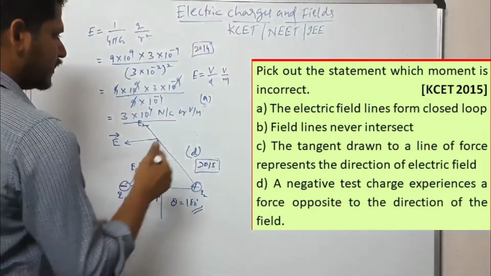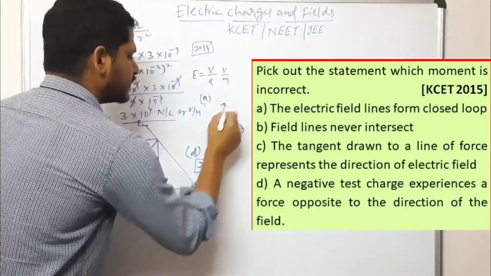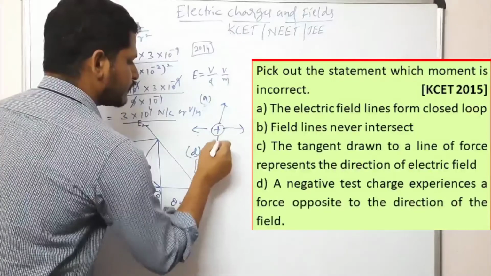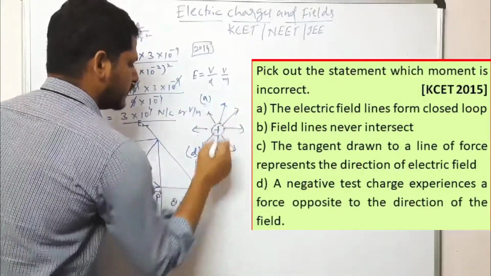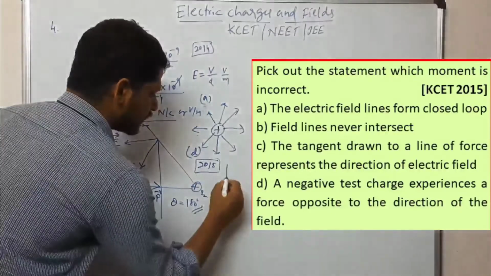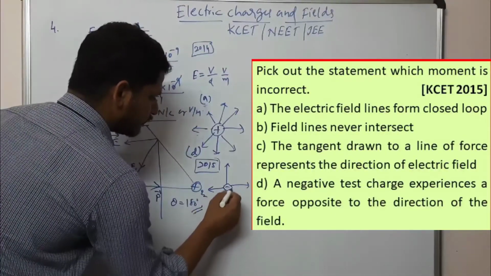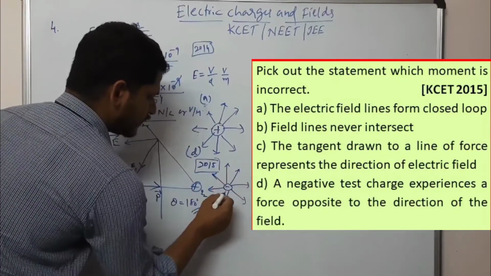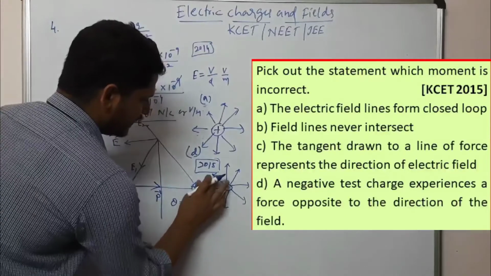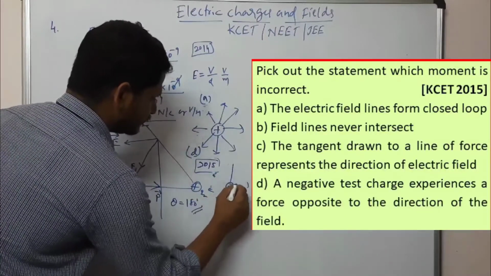If you take a positive charge, the electric field is in the outward direction. If you take a negative charge, the electric field is in the inward direction.